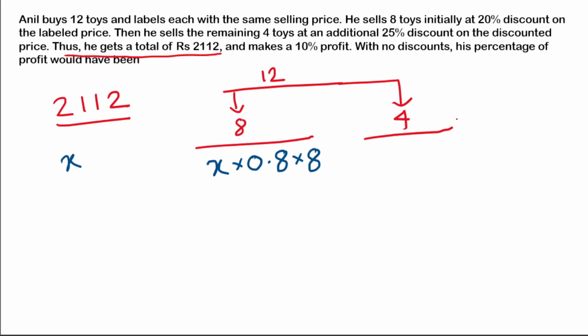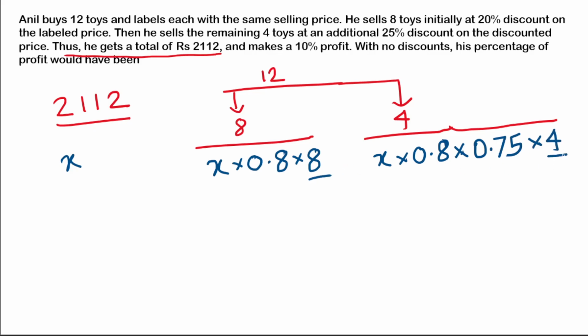So x is the level price. The initial discount was 20%, so 80% of the price. And again, on the discounted price, he has provided a discount of 25%. That means this much, right? And how many toys? 4. So this 8 and 4 are the number of toys that are sold at that particular price.